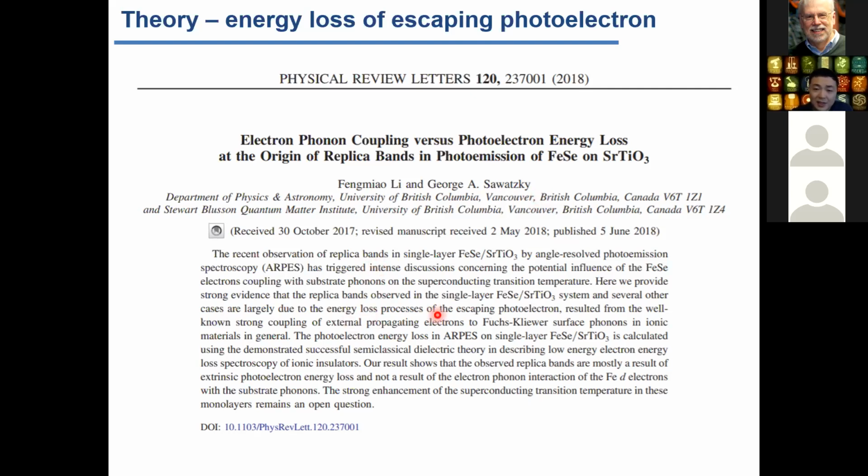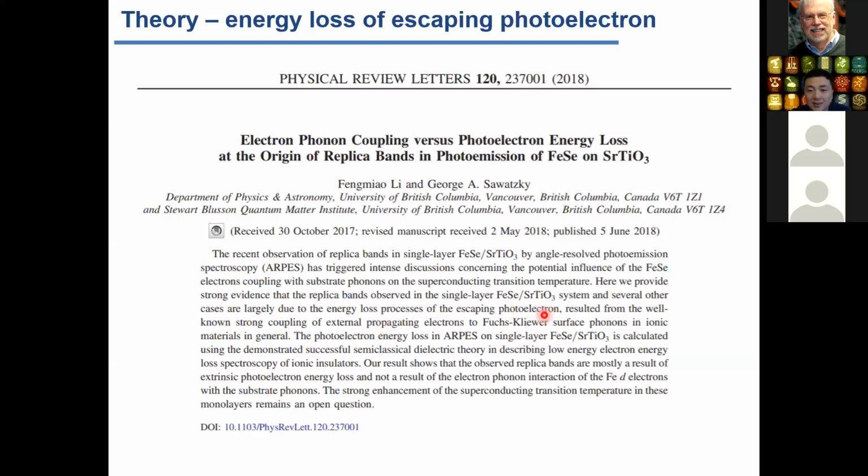Our colleagues at UBC, Fomiani and George Swatsky, have a different opinion on these replica bands. They did a theory calculation paper. They show that if you only consider the energy loss process of the escaping photoelectrons, because when you do ARPES the electron is escaping from the sample, there can also be an energy loss process due to the phonons when they escape from the surface.